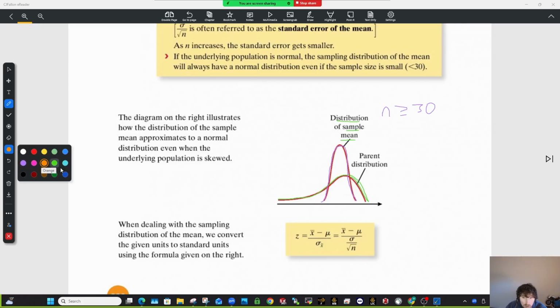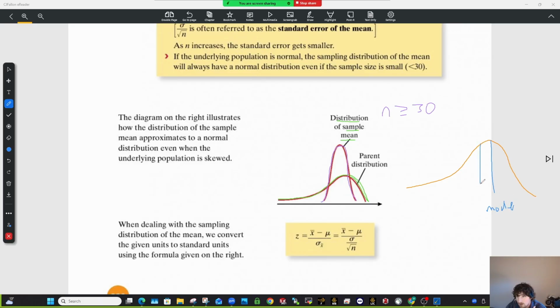And just a little bonus thing as well too, people are supposed to know how, when you have a skewed distribution like that, where the mode, the mean, the median lie. The very tallest part here will be the mode, then the middle part will be the median, and then the furthest part out here will be the mean when you're skewed off to the right side there.